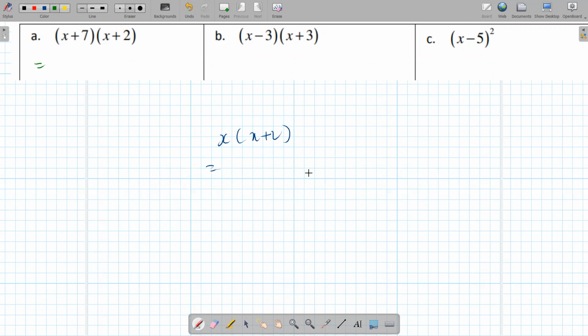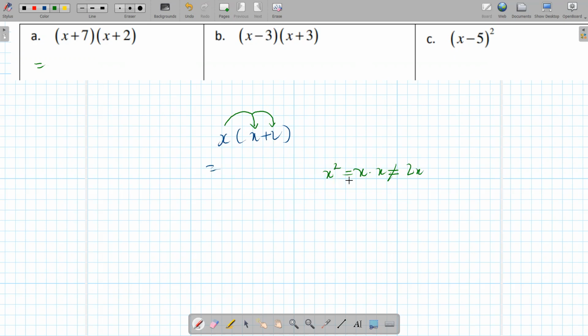So it's not going to be 2x. You first do x times x, which is what? X times x is x squared.